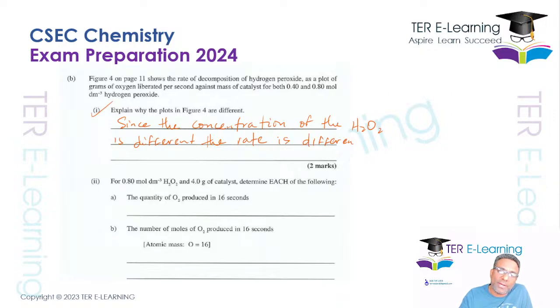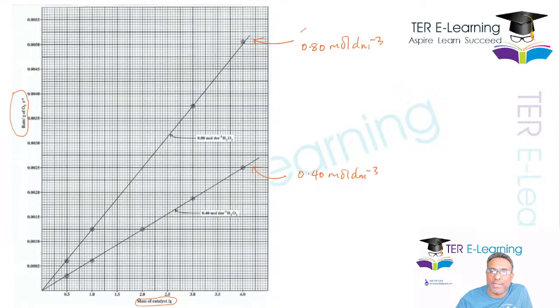If you look at it carefully, let's go back to the graph. You will notice that this one here is a higher concentration than this one here. So you notice that the graph itself is above. So the higher the concentration, the faster the rate.